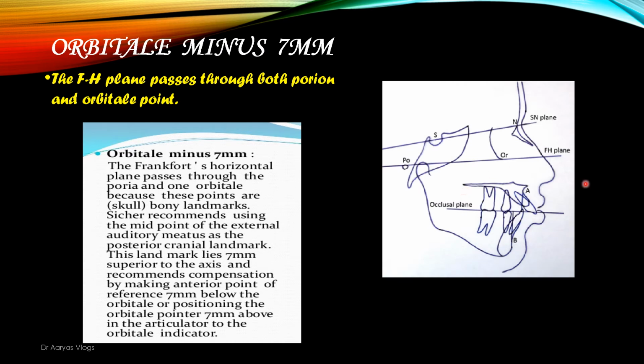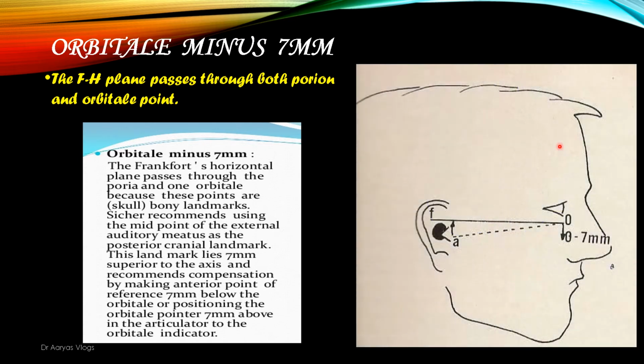So this is the FH plane. Here it is porion and here it is orbital. This is the orbital minus 7 mm here.